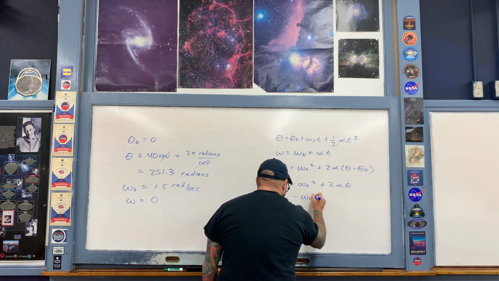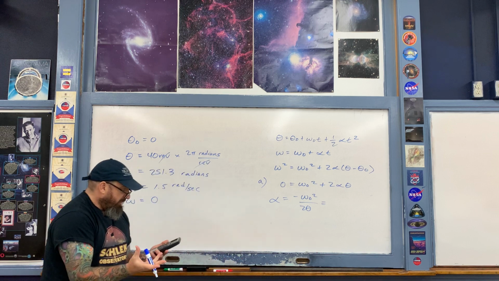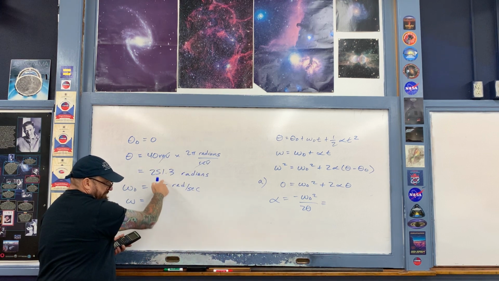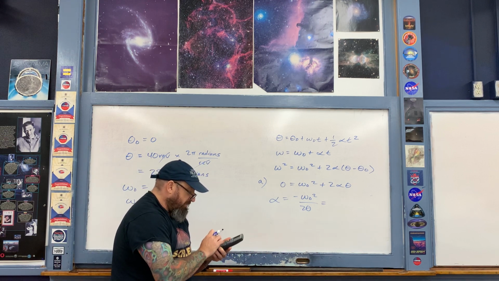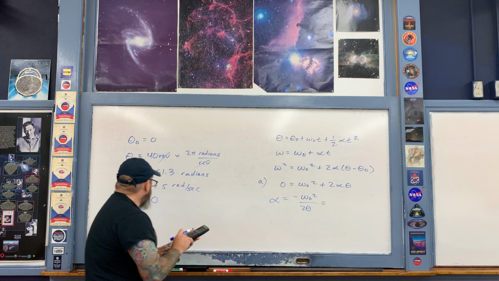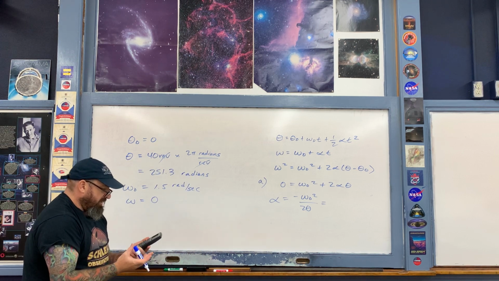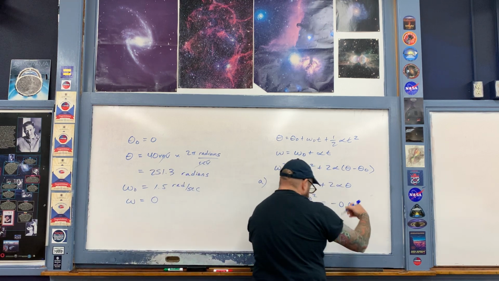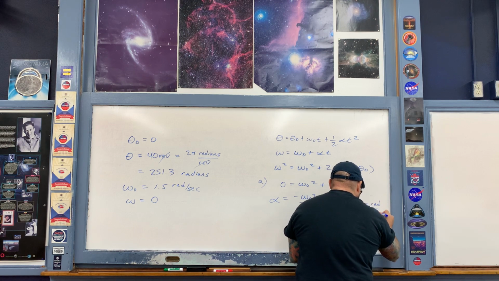So when you move things around and so forth, you end up with this expression here. So now let me go ahead and figure out what this is. I actually still have this number here in my calculator, so let me do the denominator here first. So times 2, take the reciprocal, and then times 1.5 squared, and it's negative. It's about negative 0.0045 about radians per second squared.